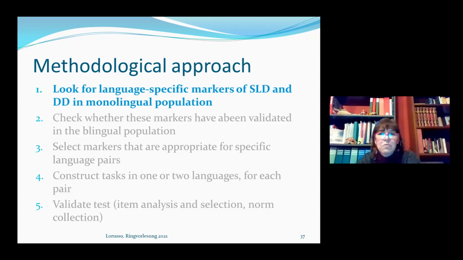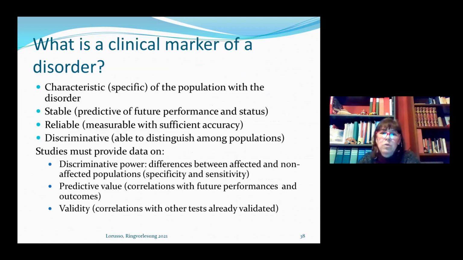So starting from the first step, looking for language-specific markers of the two disorders in the monolingual population. What is a clinical marker of a disorder? It must be characteristic of the population with the disorder. It must be stable, so not only a transient characteristic, but something which allows to predict future performance and status. It must be reliable, so it must be measurable with sufficient accuracy.